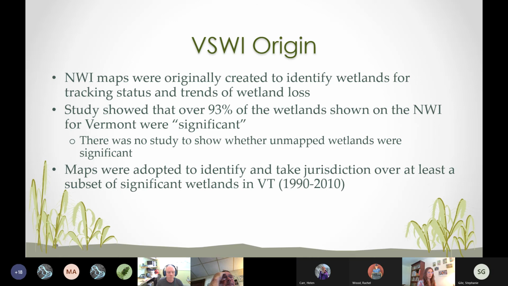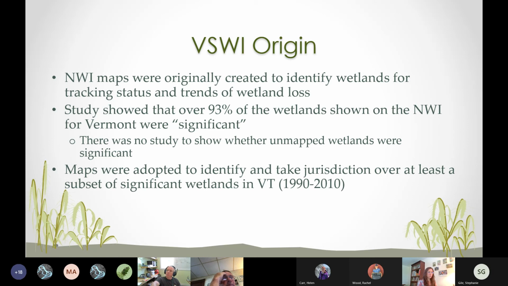But when the wetland rules were adopted in 1990, we had done a study looking at those NWIs in the context of our rules, which are created to protect the functions and values of those wetlands. And what we found was that at least 93% of the wetlands that appeared on the NWI maps had at least one function or value that was worth protecting. So it was a real quick and easy way to say, we're protecting wetlands, here's where they are.